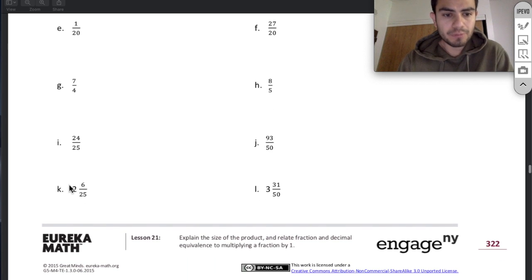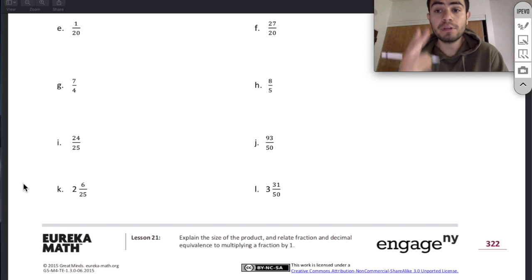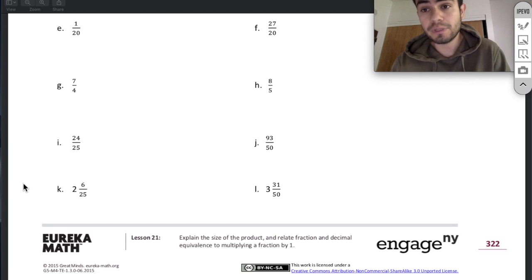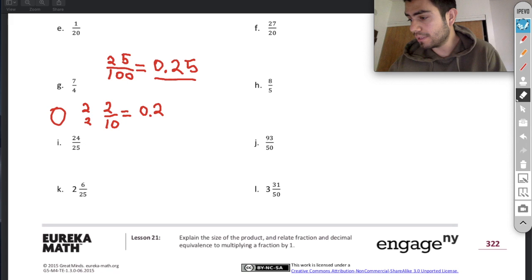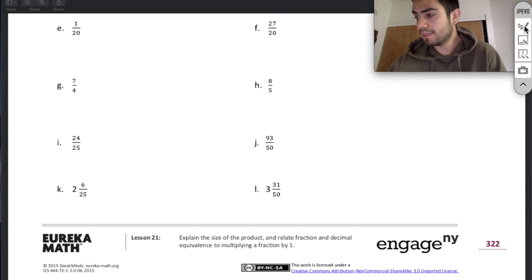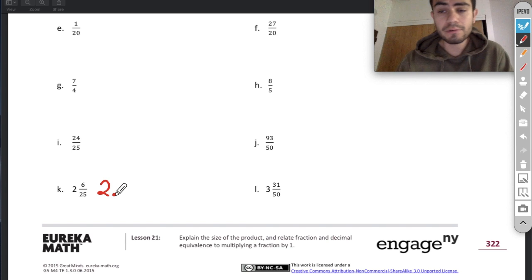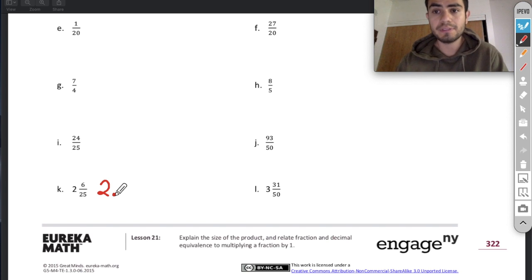All right, so let's do K right here, because I think this one might trick some people up. Now, for K, if you notice, you have 2 wholes and 6 25ths. Now, the tricky part about this is that you have to realize that this 2 wholes is simply just going to be like this. 2 wholes and whatever we change that 6 25ths into.